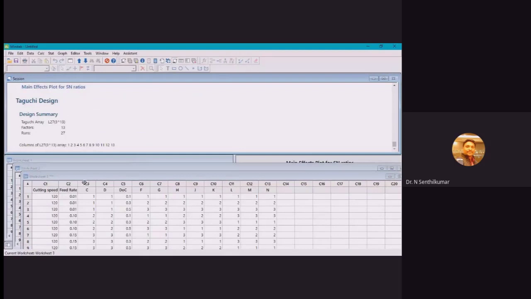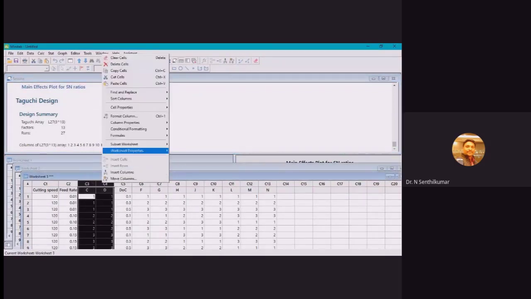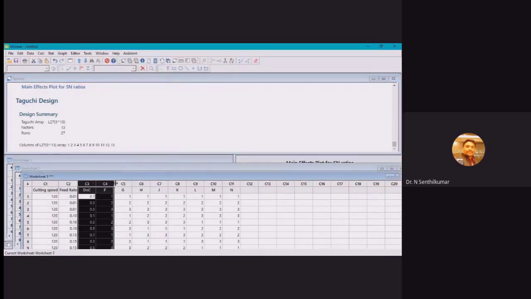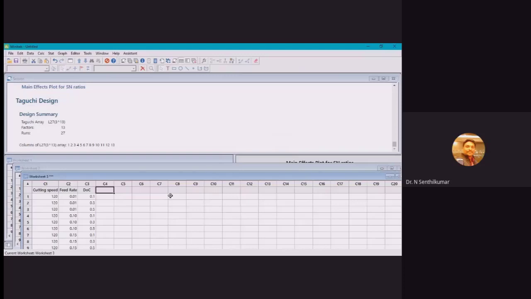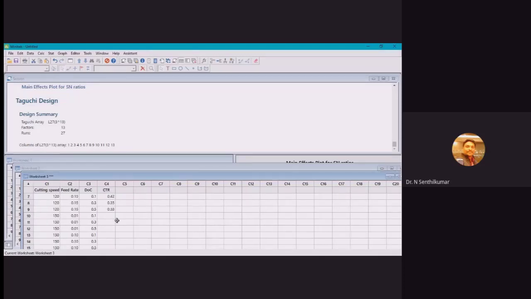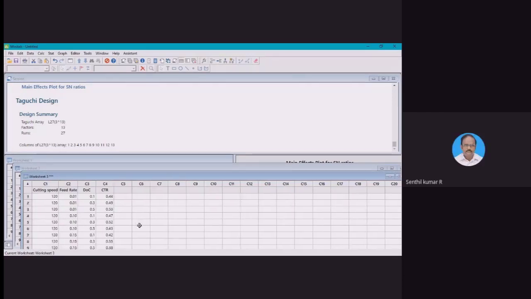Now I have to delete all these 2. Apart from this, these columns also I can delete, because I am not going to use them. I am going to use CTR. The same values I am going to repeat. The stars are gone, because it is just a replication of L9 3 times.